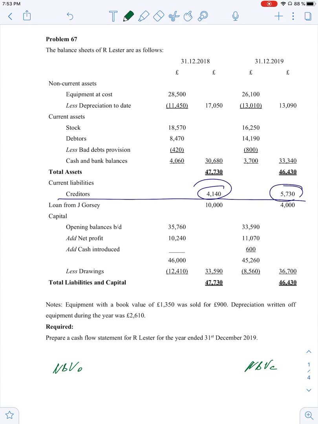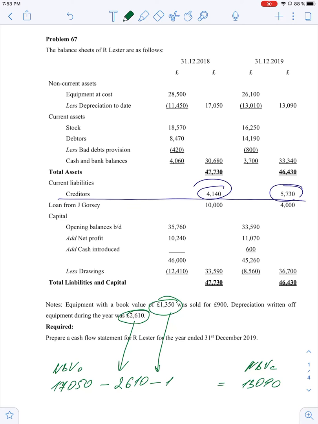So net book value opening was 1,750. Net book value closing was 1,390. If we deduct the depreciation charge for the year, which is given, we should receive the closing net book value, but it's not so. Our equation is not in balance, so we have to consider the sold item also. So we have to deduct the net book value of the sold item.